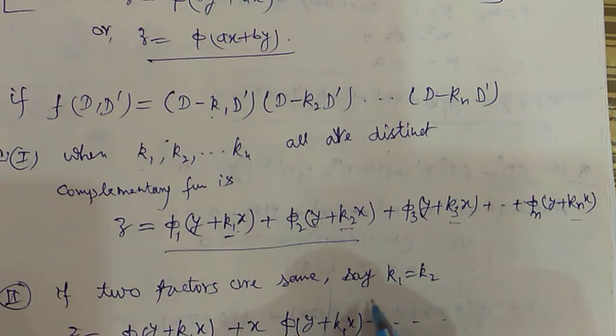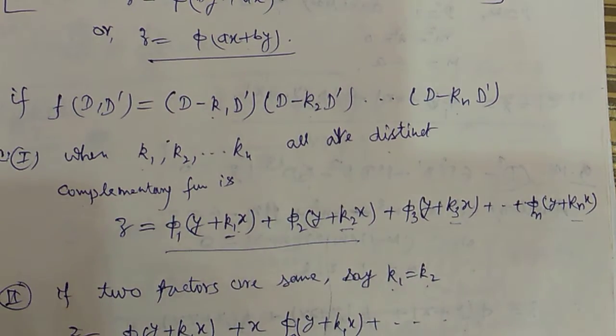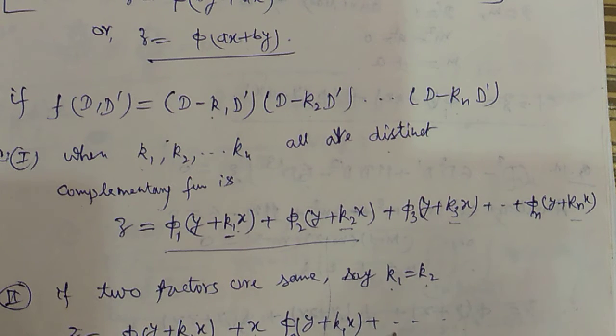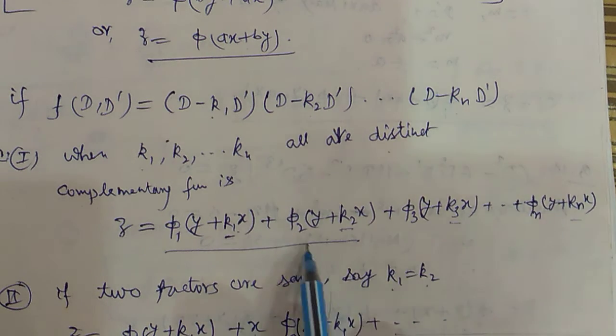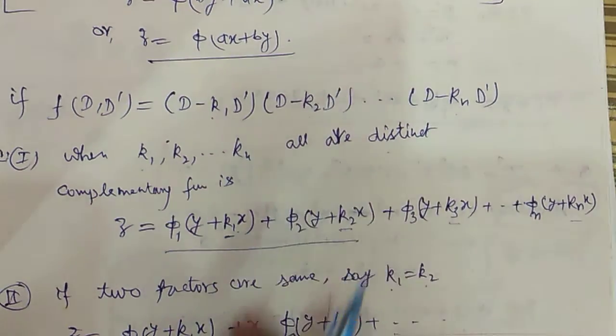If two factors are the same, say k1 equal to k2, then the complementary function becomes phi 1 of (y plus k1 x) and x times phi 2 of (y plus k1 x); multiplying the repeated factor by x makes these linearly independent functions, and the other terms follow according to the roots. So this is the form in which the complementary function can be written.